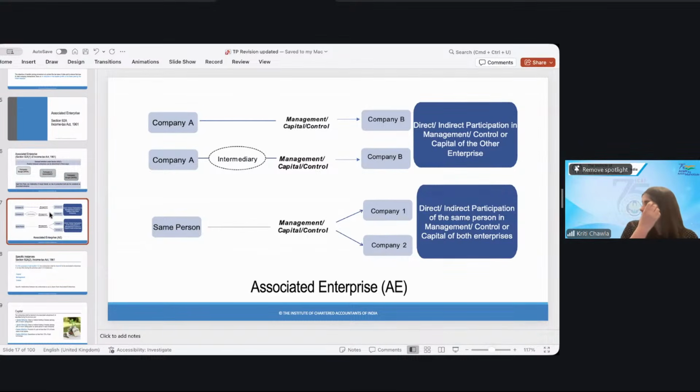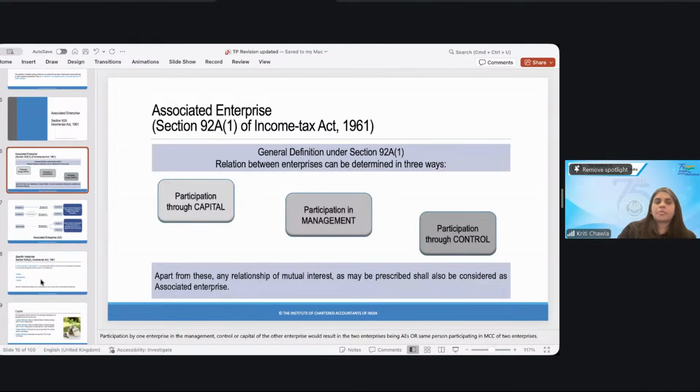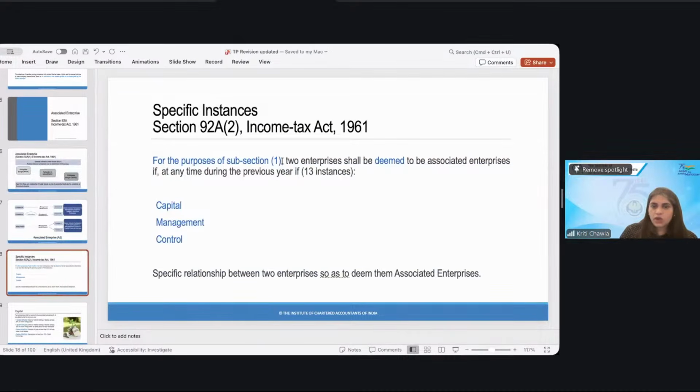Now, after the generic definition, there are specific instances that are provided. There is Section 92A subsection 2 of the Income Tax Act 1961. And this one says that for the purposes of subsection 1, two enterprises shall be deemed to be associated enterprises if at any time during the previous year, these 13 instances are met.